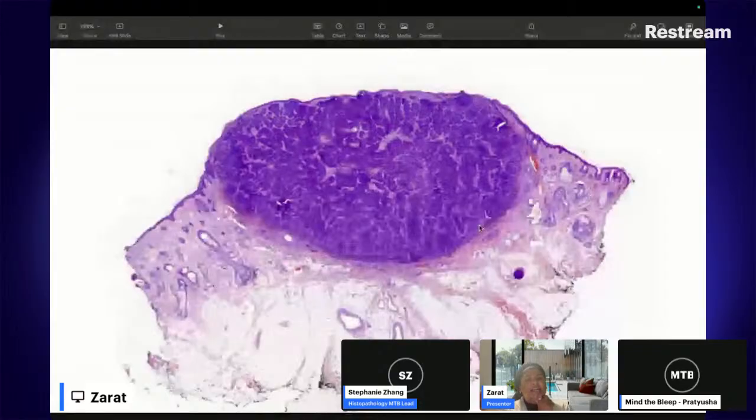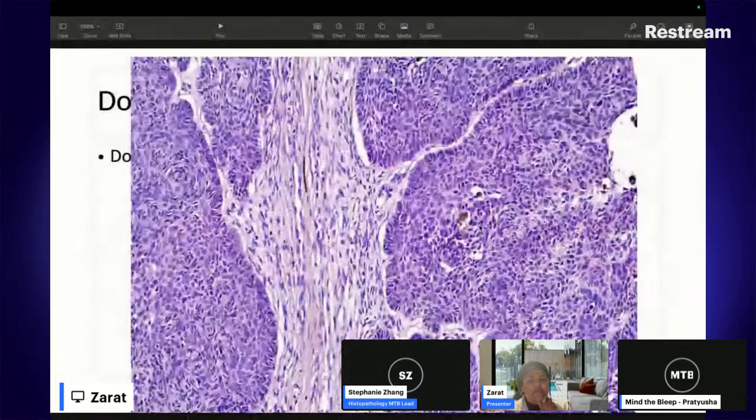And I know what you're thinking. These cells don't have the nice pink cytoplasm of the keratinocytes that we saw. So what cells are these? These are actually the keratinocytes in the basal layer of your epidermis. But as you will see, they have lost a lot of their cytoplasm and the nuclei look more blue.